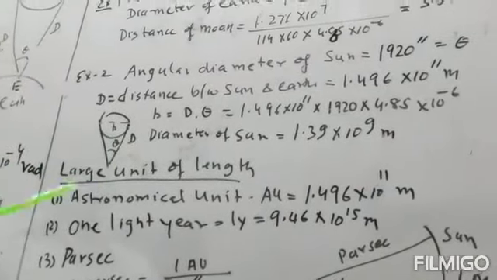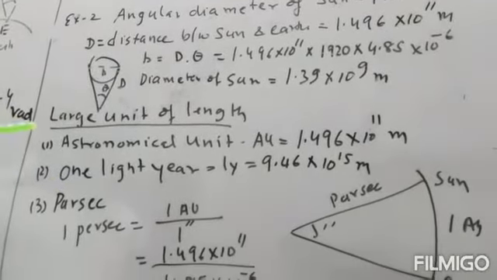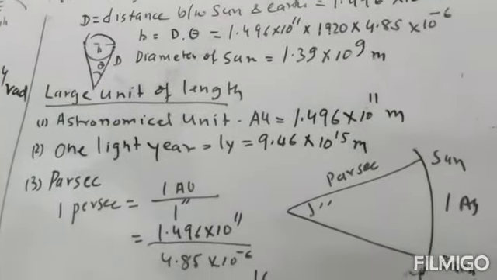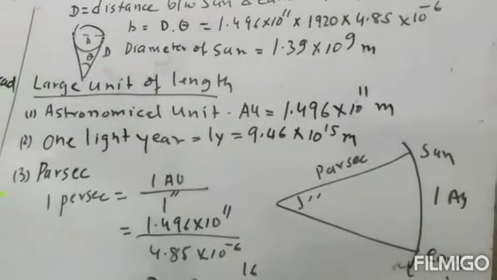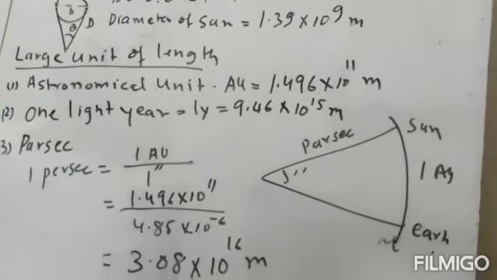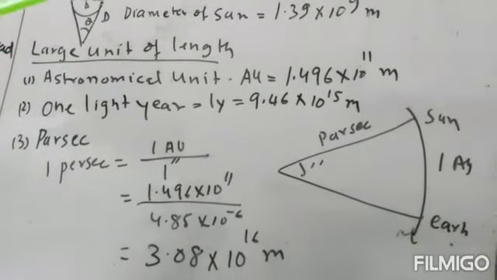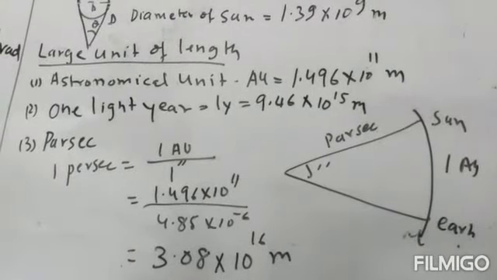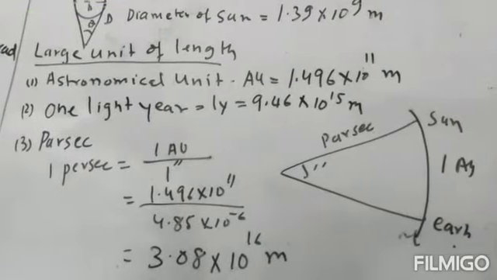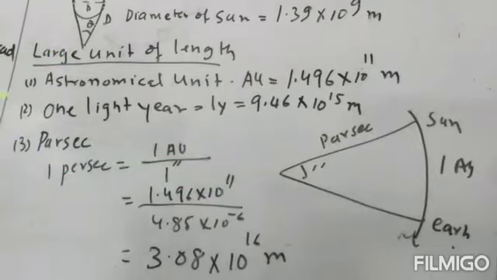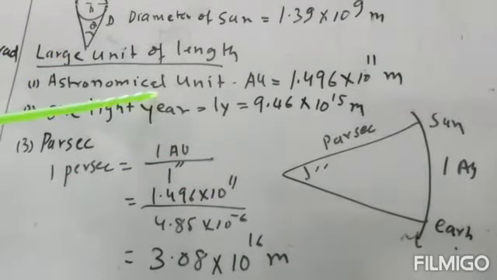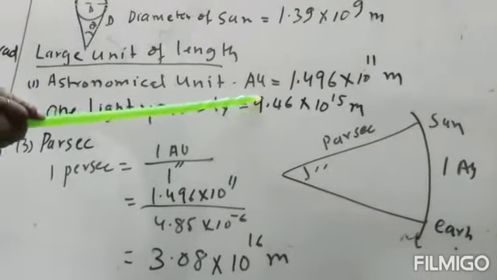Now what are the larger units for the length? Now the distance of sun, moon, earth, galaxies, they are very large distances. For these large distances we have a different unit than meter. Then one is the astronomical unit, AU.